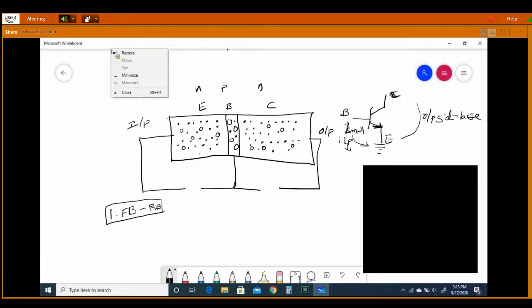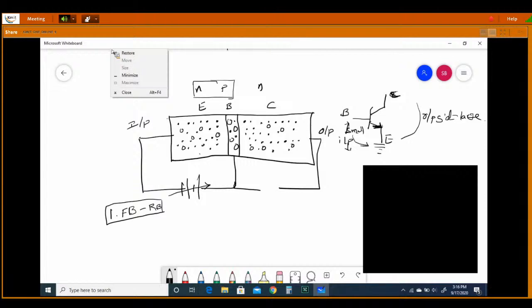Now what is the forward bias case here? When the NP region will be in forward bias, how to make this diode in forward bias? N region must be connected to your negative terminal, P region must be connected to your positive terminal, then only it is in forward bias. This is a variable power supply we are having.